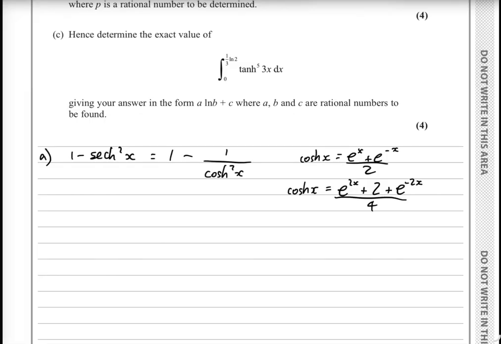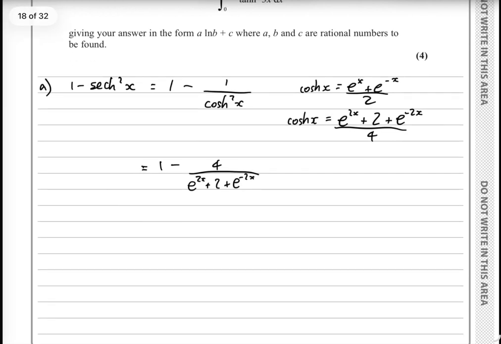So if I put that in the fraction over here, that sort of gets turned upside down, as it were. E to the 2x plus 2 plus e to the minus 2x. And if I make that 1, the same thing in the denominator, so I can put them together, then it needs to be the same in the numerator as well.